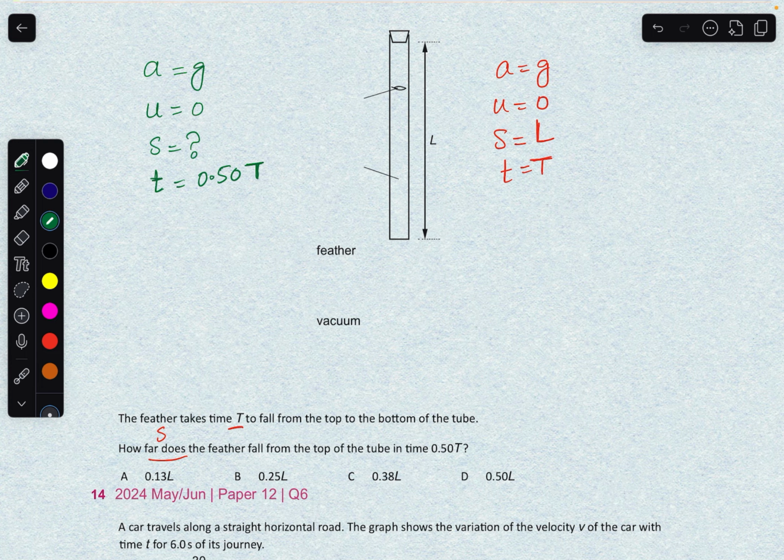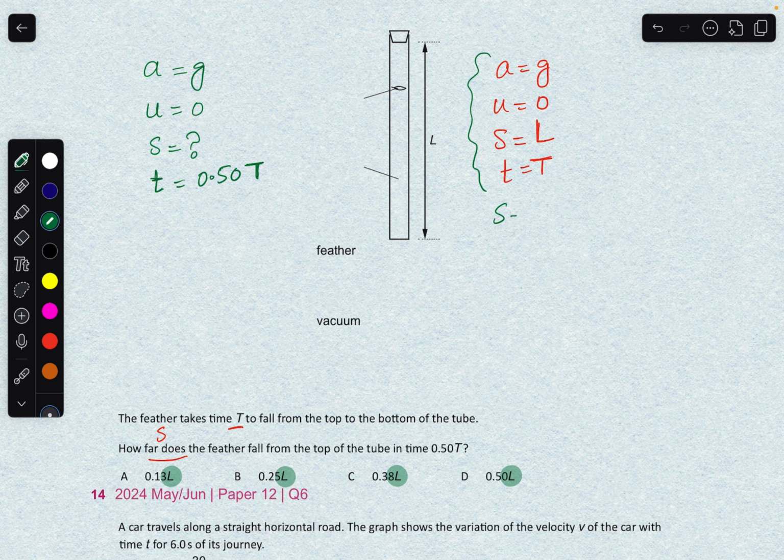Okay, and if you see the answers, they are not numerical numbers, but they are all multiples of L. So you don't have to get the exact answer, you have to tell in comparison with each other. Okay, so which equation can I apply on this? Very easy to choose.